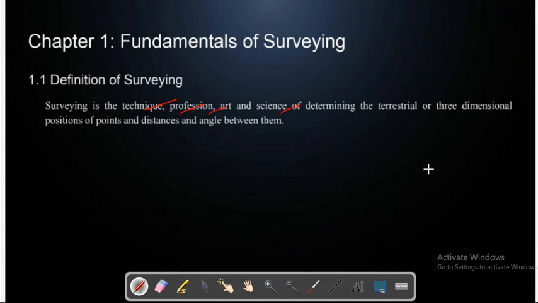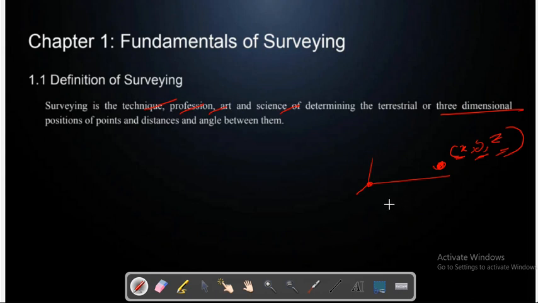So if you want to measure or define an object with respect to the distance from one particular point to that point with the help of some technique, that means it is a three-dimensional position. That is x, y, z. If anyone asks you to give the position of a particular point, he can directly measure the x distance, the y distance, and the z distance.